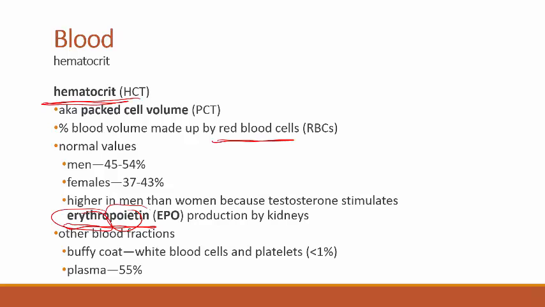So if we were to fill a vial, like a centrifuge vial, with blood, say we fill it up to here, and then put it into a centrifuge and spin it round and round, that would cause all of the red blood cells to go toward the bottom of the tube, and it would separate the red blood cells from the blood plasma.